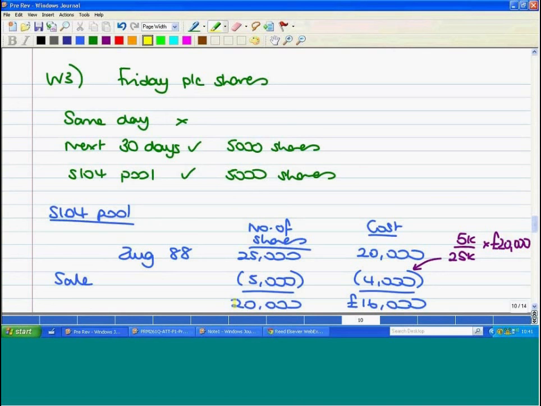So have I bought any on the same day? No. Did I buy any in the next 30 days? Yes. So those are the ones I'm going to be deemed to be disposing of first. Have I disposed of any in the Section 104 pool? Yes, because that's my final place to go to. That's where I dispose of the remaining amount, which in this case is the 5,000.